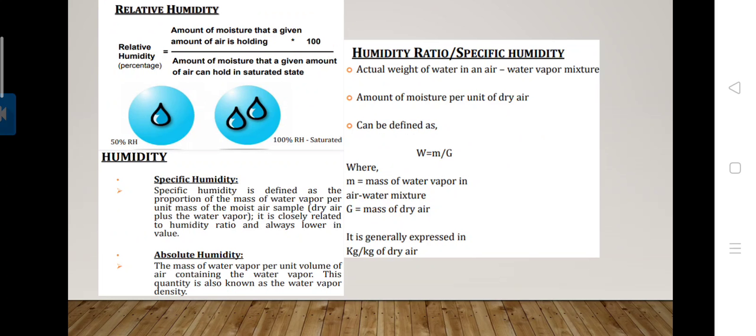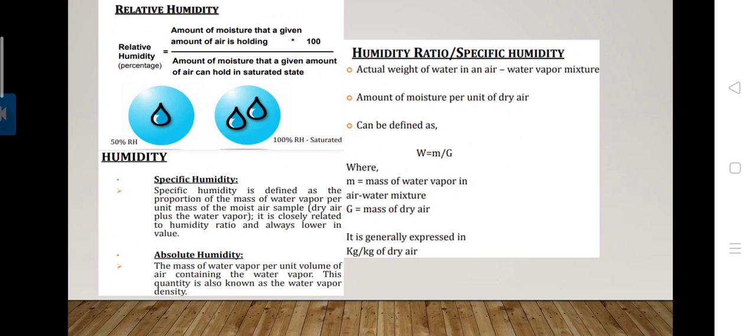The calculation of specific humidity is equal to mv divided by ma, where mv is the mass of water vapor in the mixture and ma is the mass of dry air in the mixture. It is also defined as the mass of water vapor associated with unit mass of dry air. The unit of specific humidity is kg per kg of dry air.